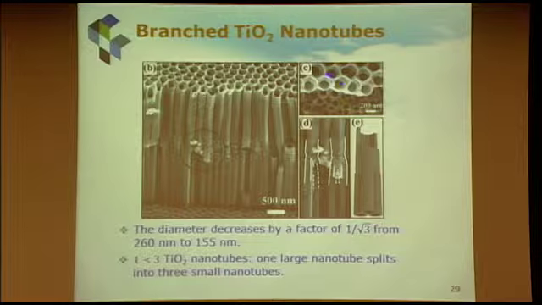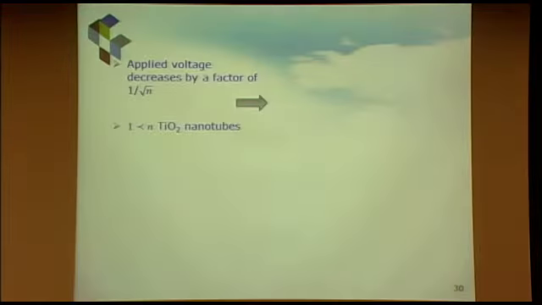So this shows you one big pore. Later on we can split it into smaller pores in a lower layer. And we actually found this quite exciting, because simply by maneuvering the relationship of the applied voltage, we can split our pores.